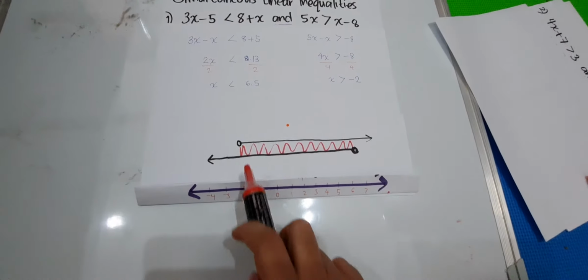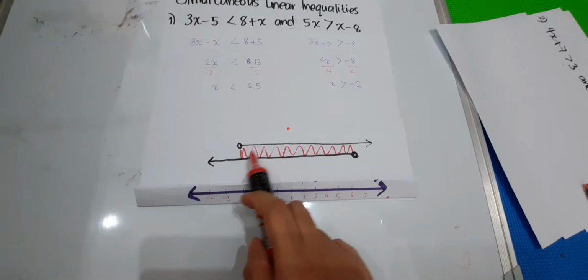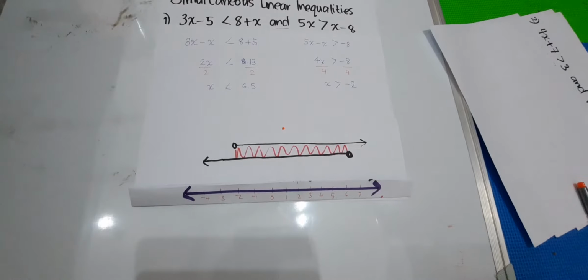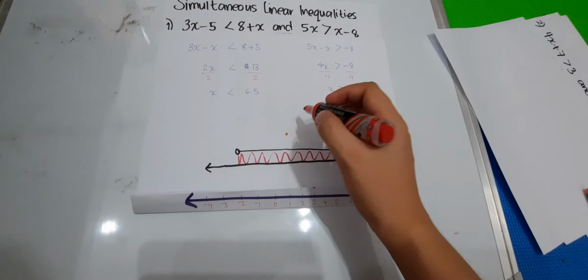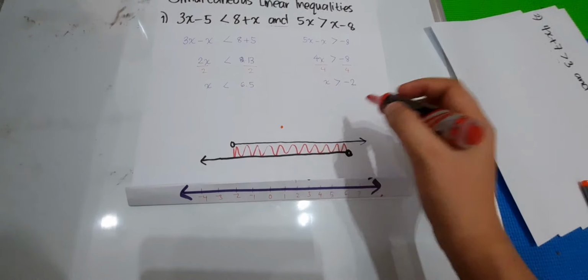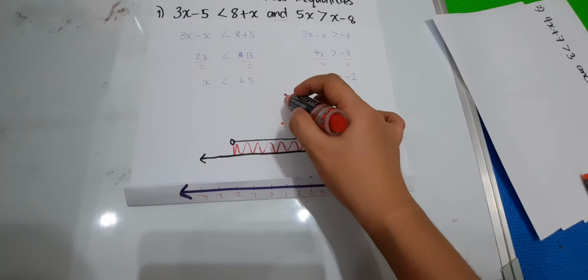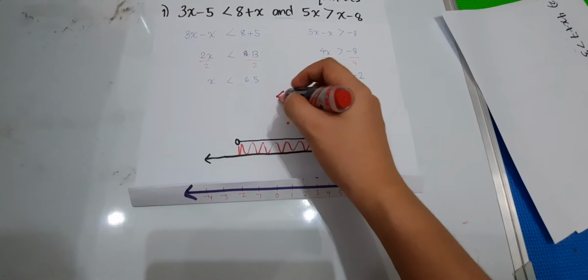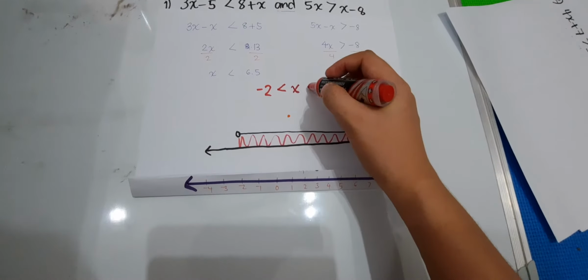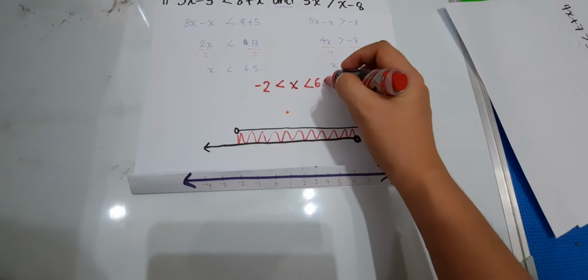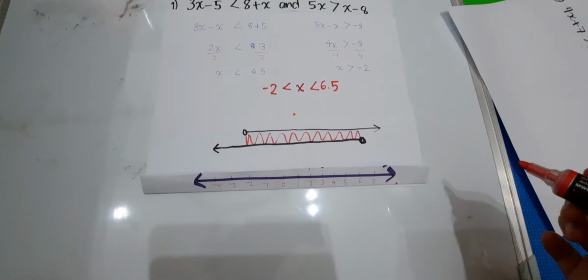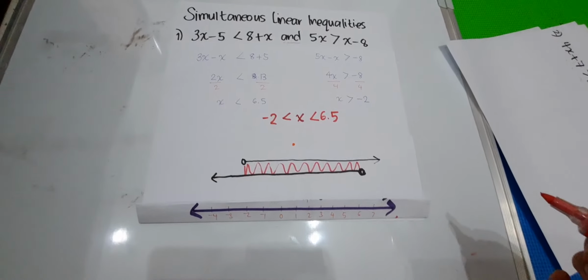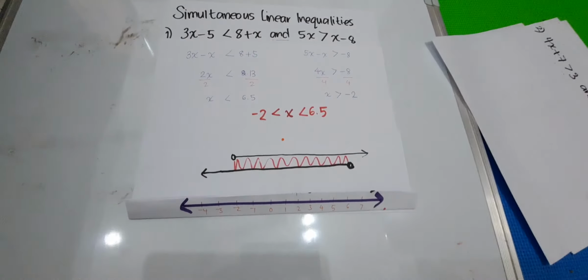So your values of x are between this value and this value. Therefore, your solution is x from this value, which is minus 2, till 6.5. So this is your solution for this simultaneous linear inequality.